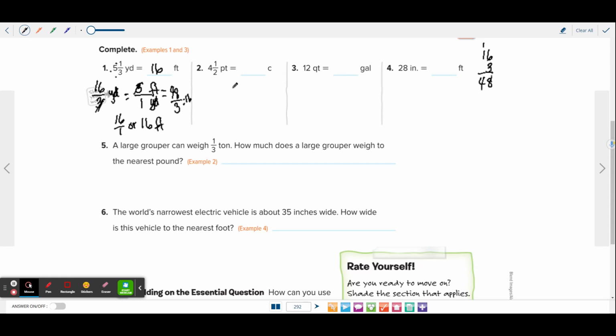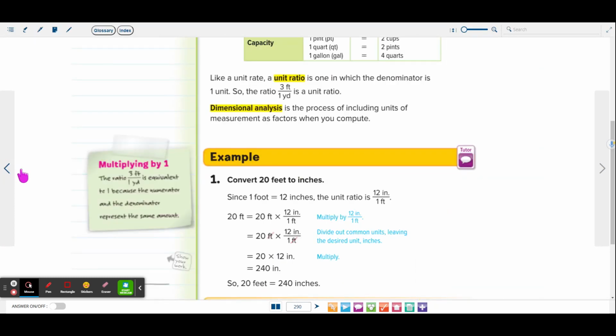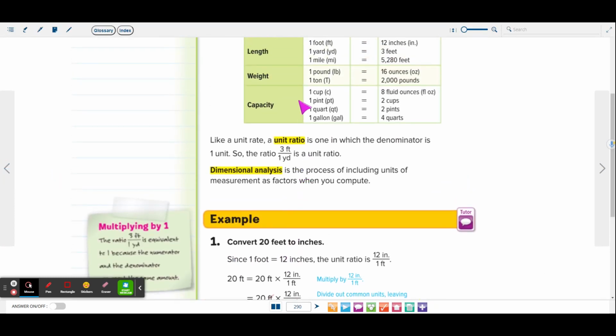Okay, now 4.5 pints to cups. Again, we want to do 4 times 2 plus 1, so that's 9 halves pints up here on top with this. And then that equals, we want pints on bottom, cups on top. Now, I don't remember the pints to cups, so I'm going to go back and look at the table. Cups is here.